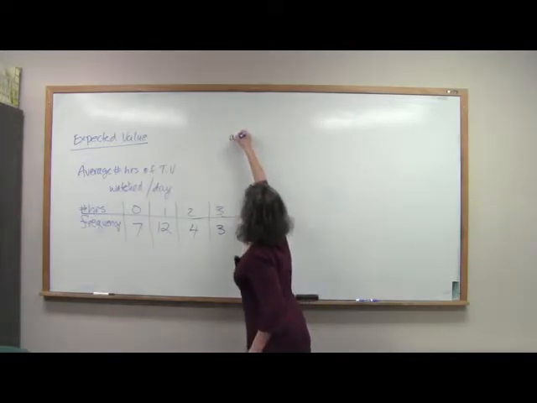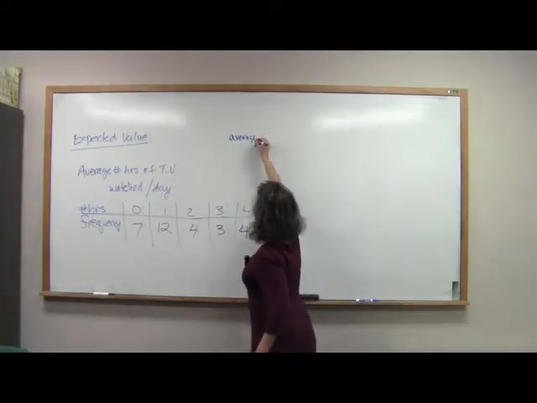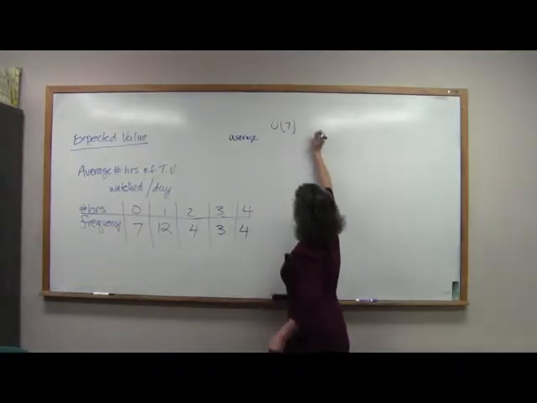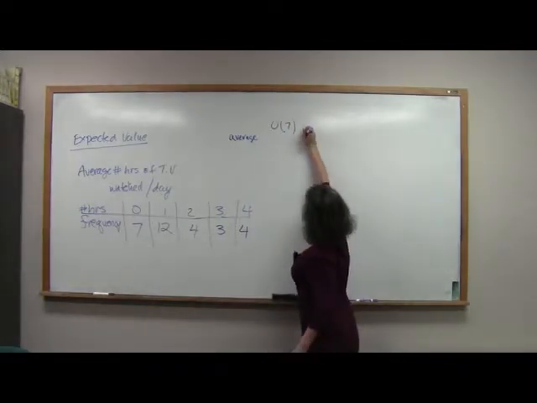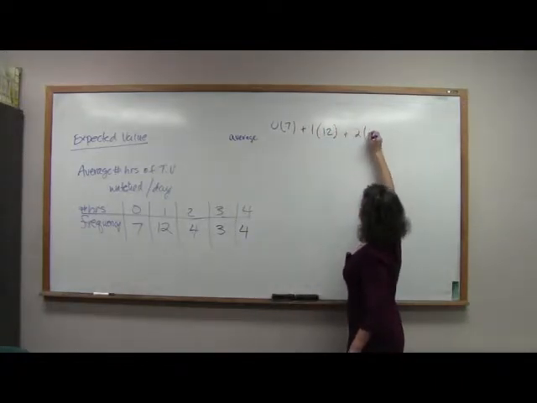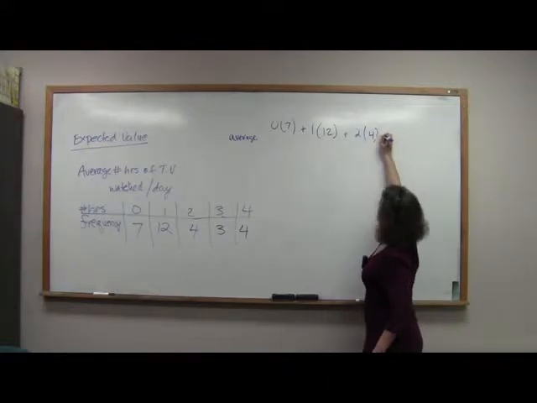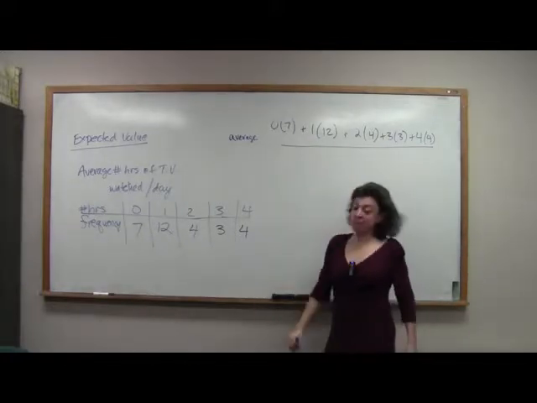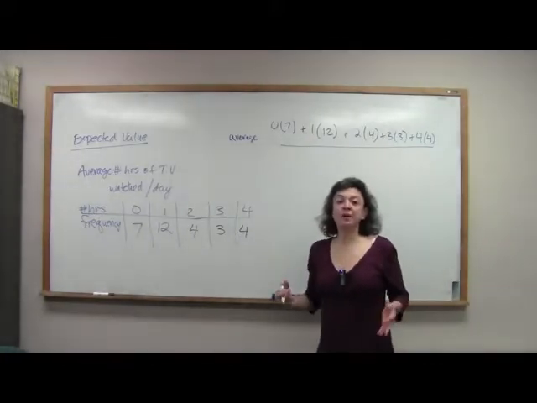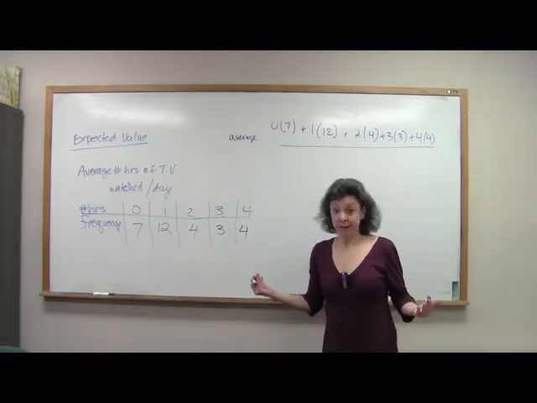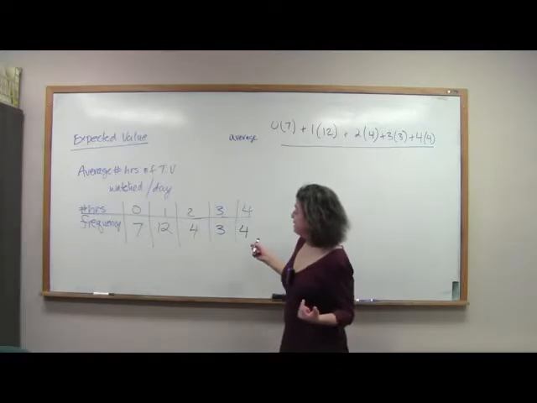So to find the average amongst all of these families, we've got 0 times 7 plus 1 times 12 plus 2 times 4 plus 3 times 3 plus 4 times 4. Now, I need to divide by something. What do I divide by? I divide by the total number of families. Well, how many families are there?